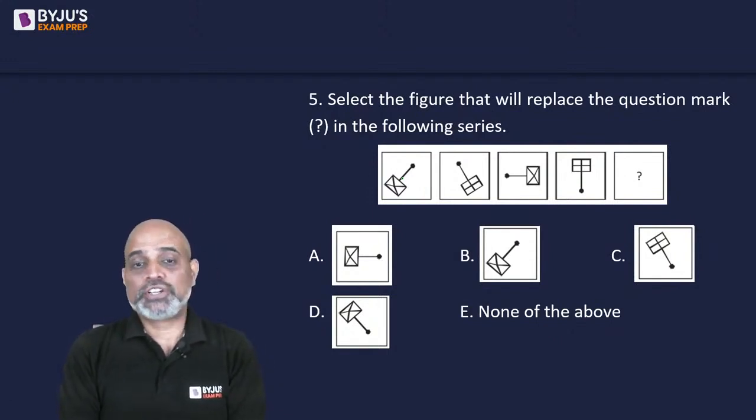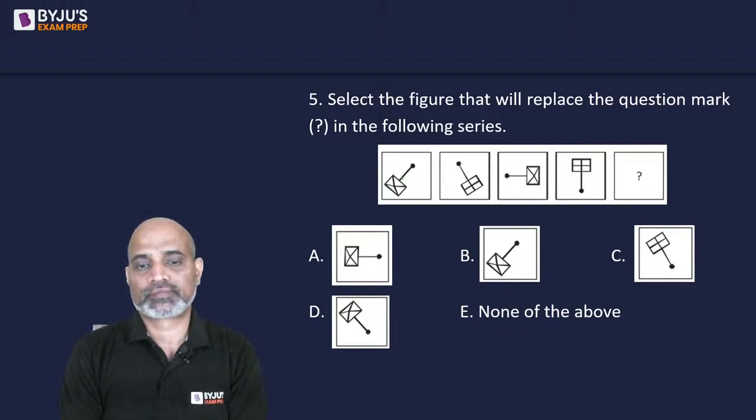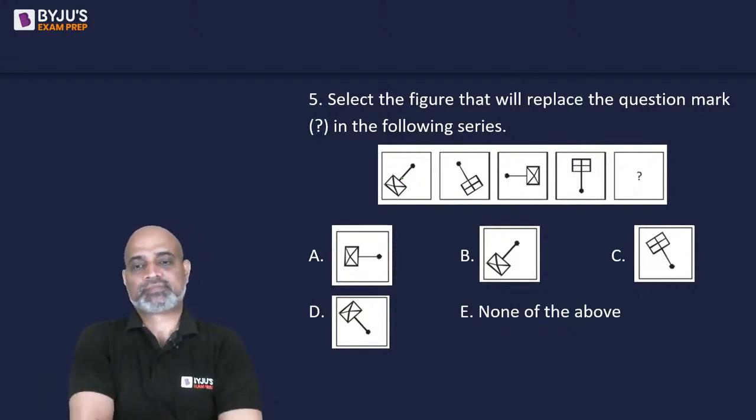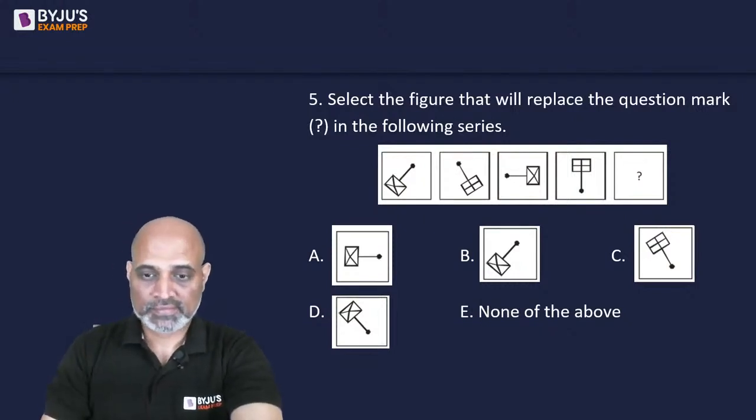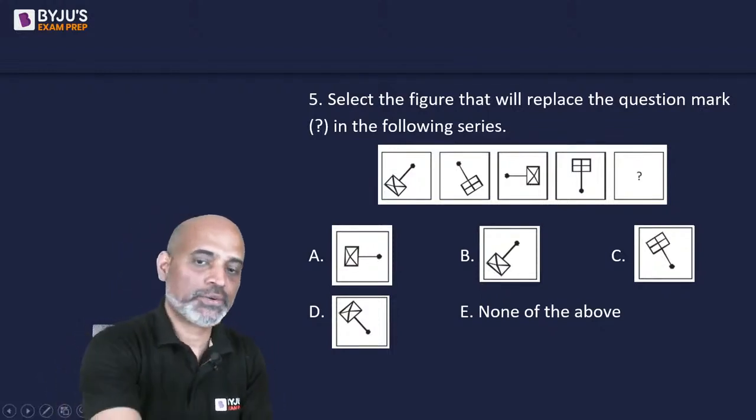We are given 4 figures, you need to find out the 5th one. गलती कैसे कर रहे हो?